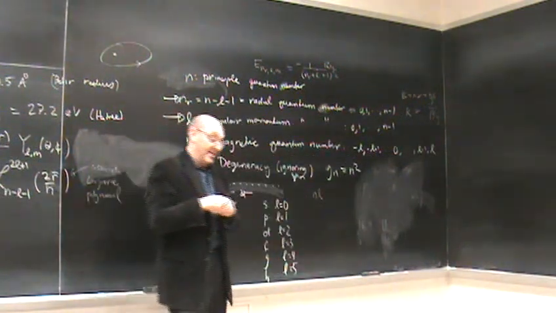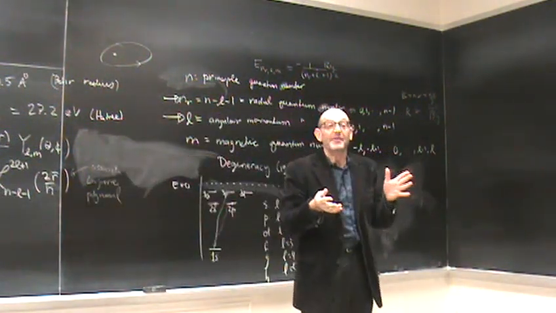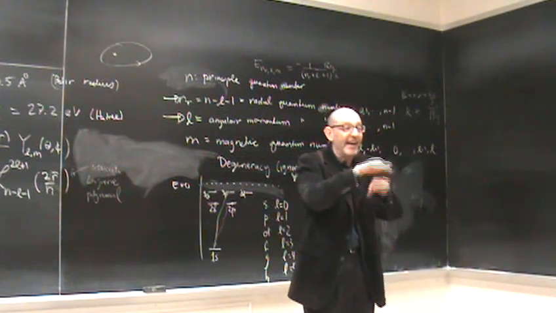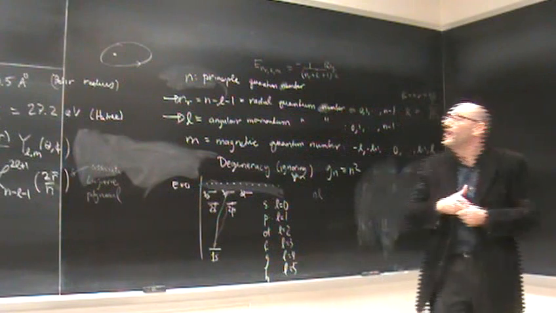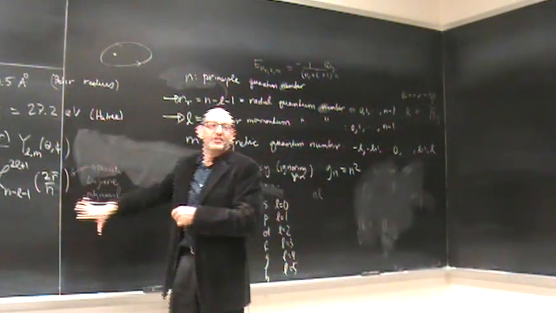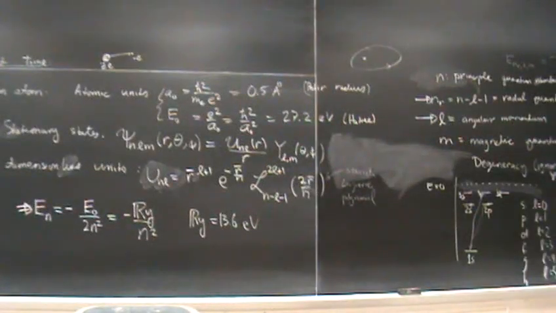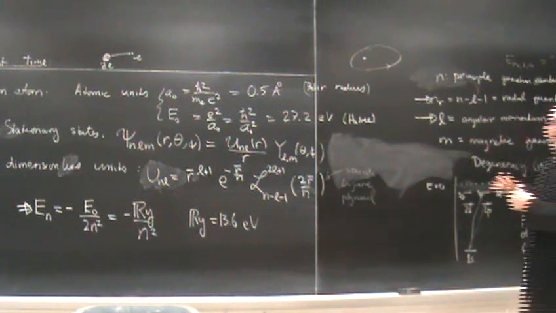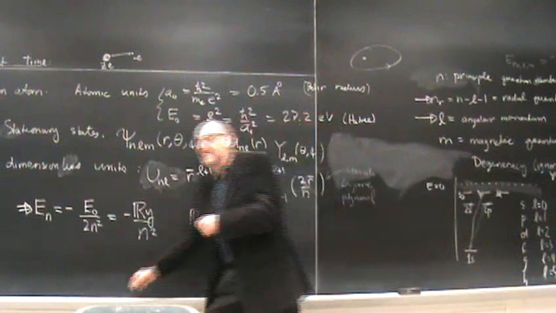Angular momentum should have had an integer value and should have had 2L plus 1, so it should have been an odd number of lines, and you had an even number of lines. It was through the spectrum of hydrogen and the fine structure of hydrogen that the whole notion of spin really was understood. That's really historically what happened. And we'll come and talk about that in just a little bit.